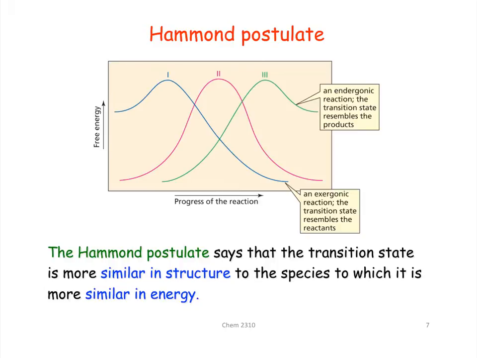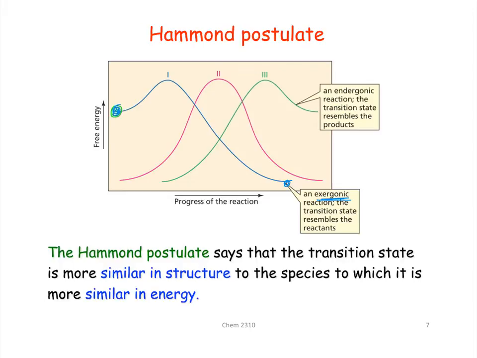So in this diagram there are three different lines, three different reaction coordinate diagrams. On one, in blue, we start up here at a higher energy and we form a product that's lower energy. So if this is free energy, this is an exergonic step.